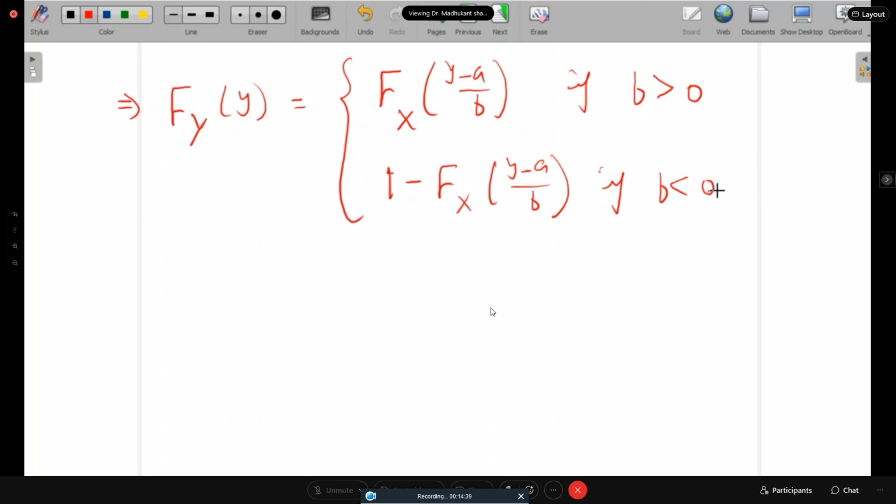Okay, b equal to 0 is not allowed, because b equal to 0 will give you a constant.